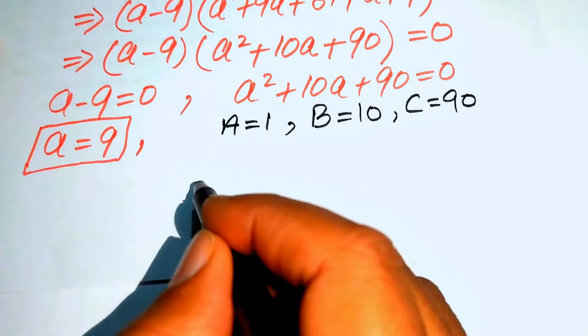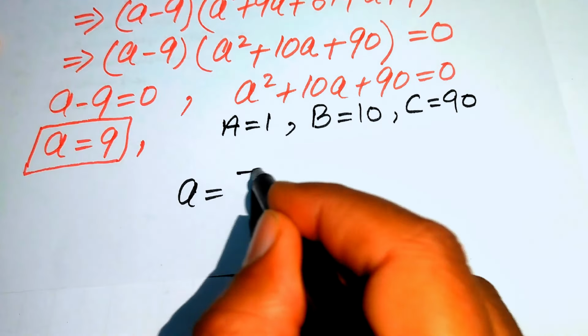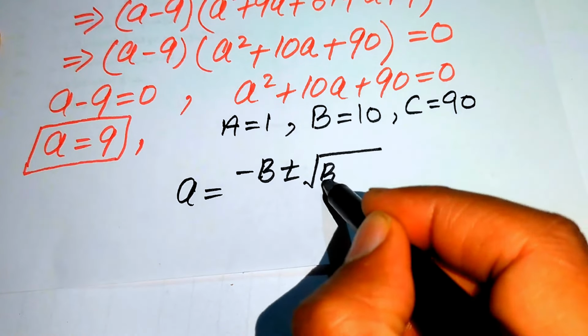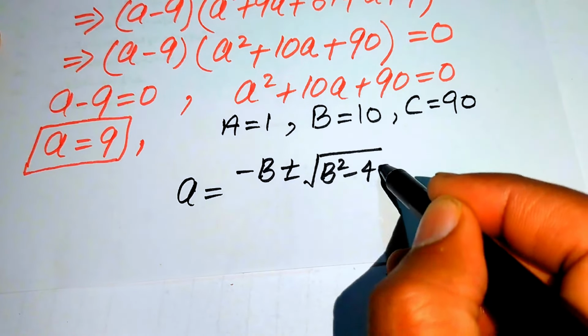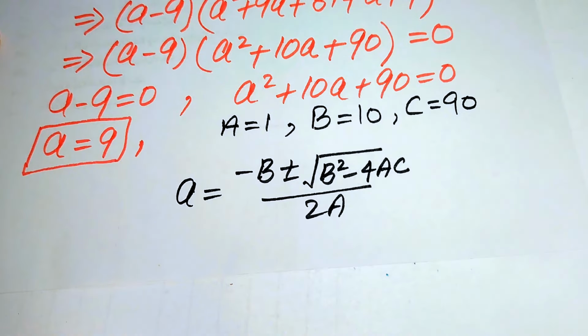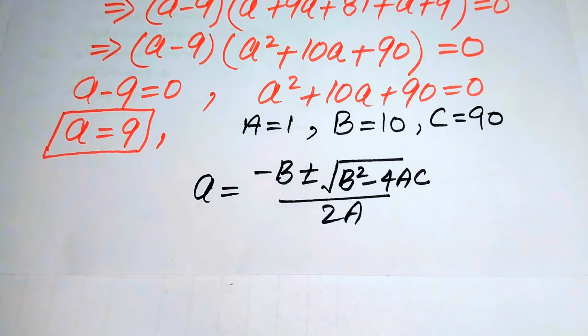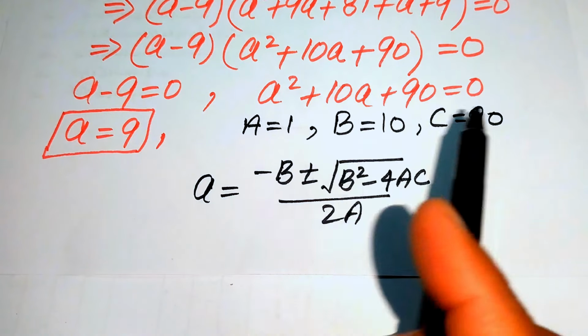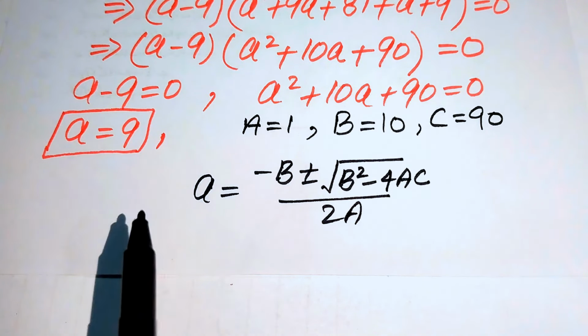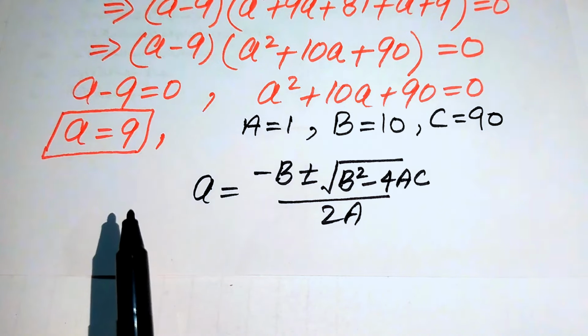Our quadratic formula is written as a equals minus b plus minus square root of b squared minus 4ac, divided by 2a. Now we put the values of A, B and C in this quadratic formula and we get the other roots of the given equation.